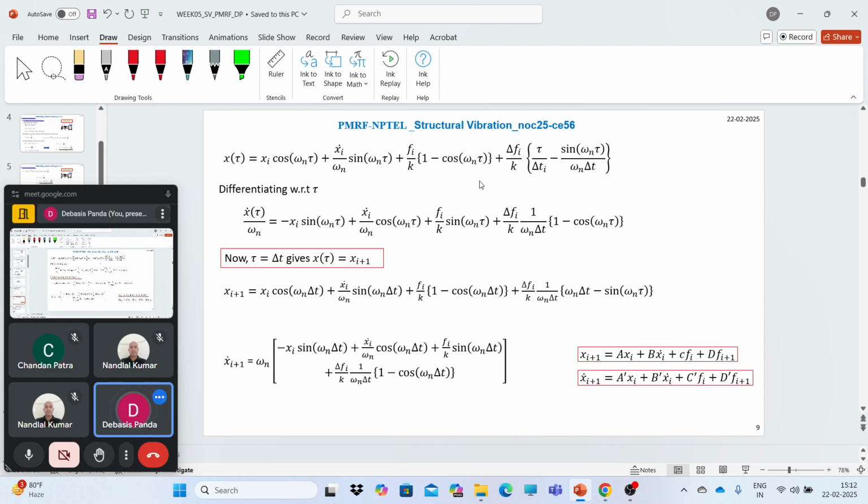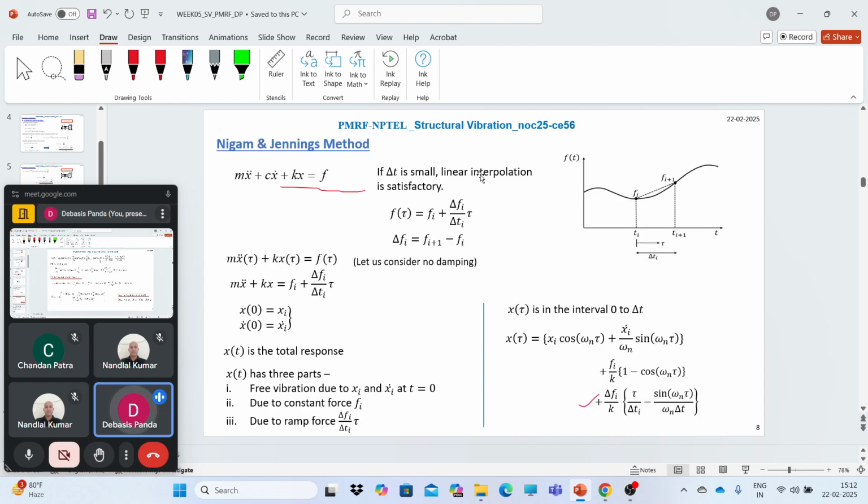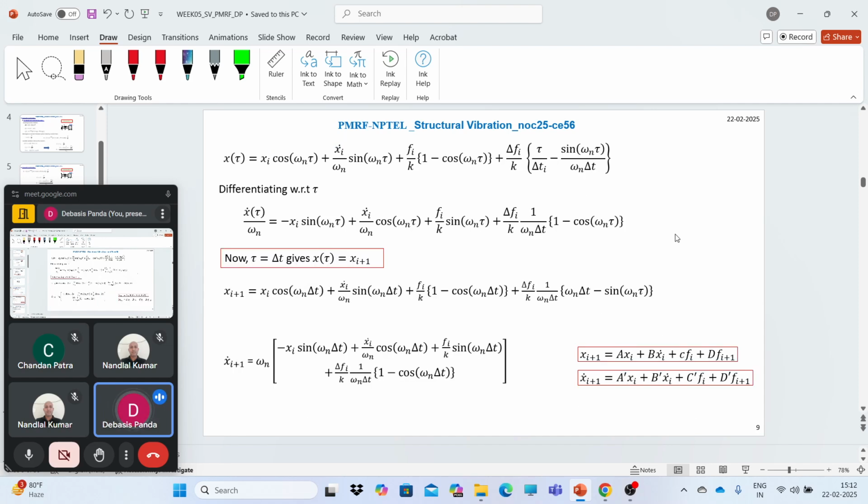And if we put t equals tau, going back to the previous slide, del tau is nothing but the time difference between the two time instants, initial and final. If we proceed with that, what will we get?